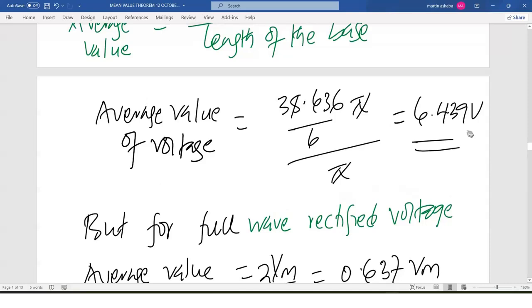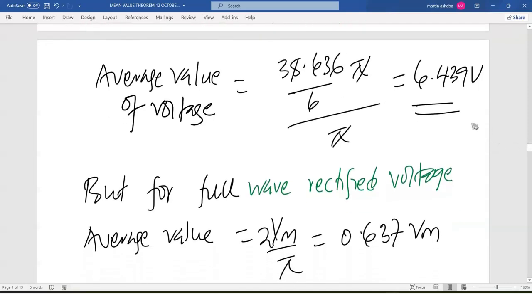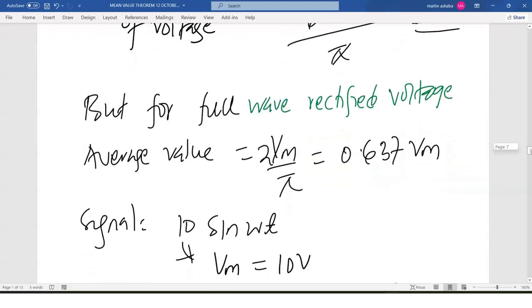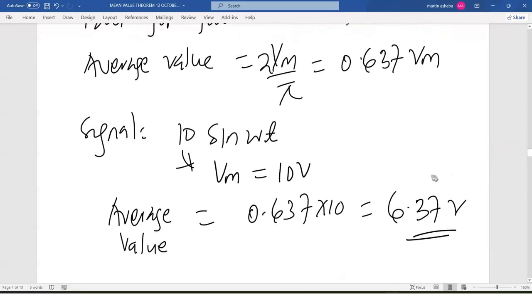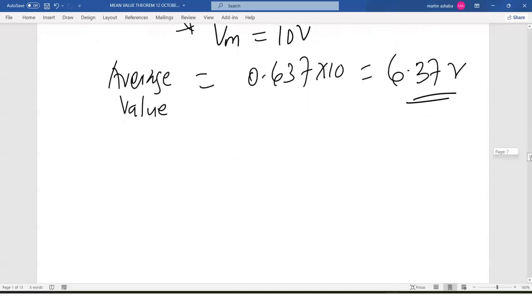If one wanted to get the error, you take the true value 6.37 minus the approximate value 6.439. Obviously these signals are the same, but because of the errors in approximating the area, we find that the true value is somewhat different from the calculated value. Those errors can be calculated: get the error divided by the true value multiplied by 100, and you get the percentage error.